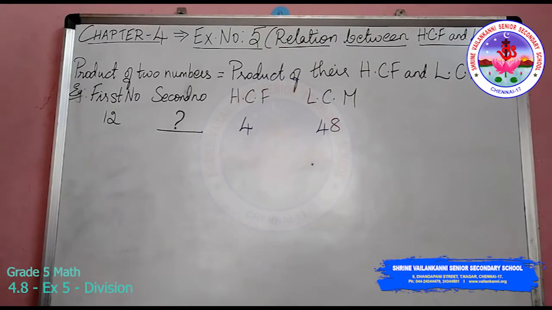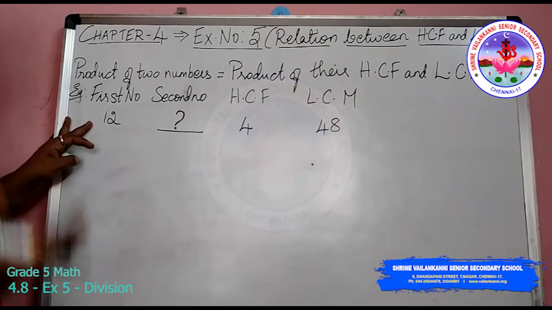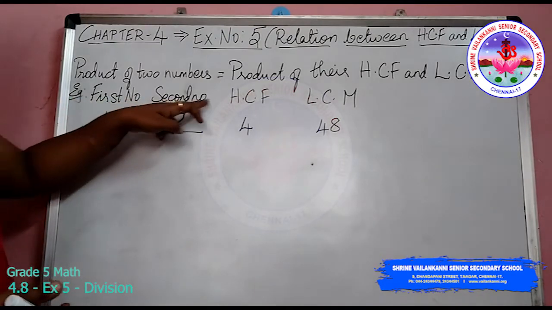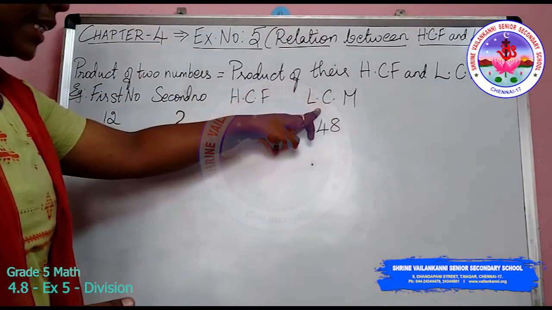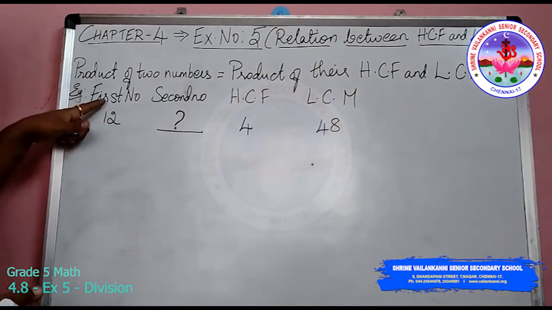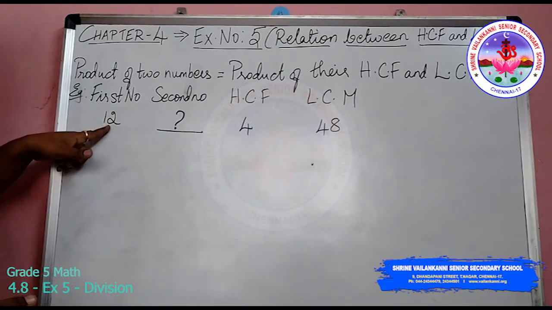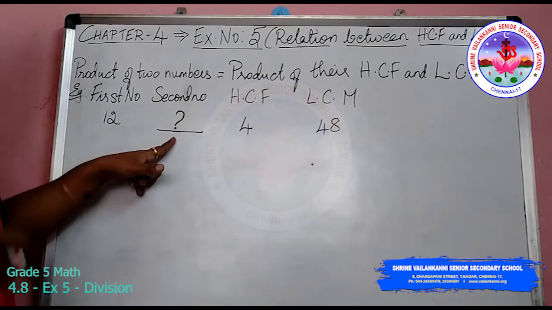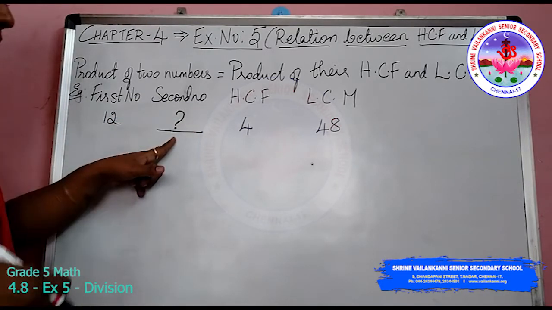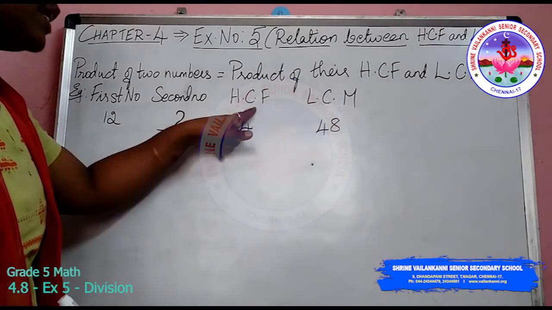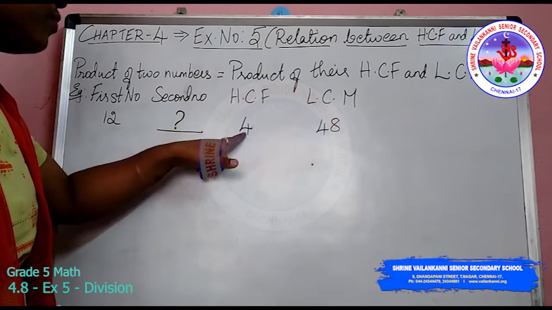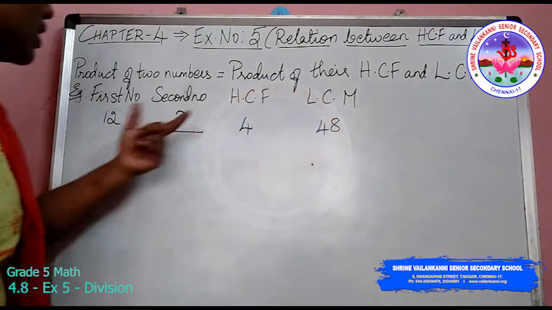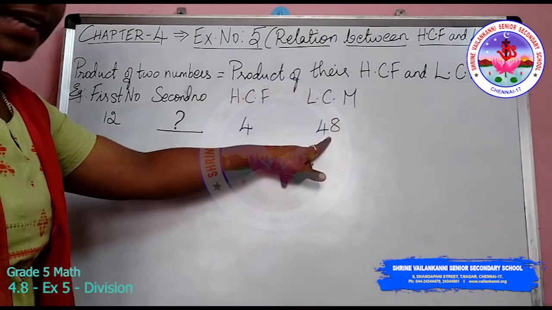Here I have written an example sum with another model: first number, second number, HCF, LCM. The first number is 12. The second number is blank, so we are going to find the second number's value. They have given the HCF of both numbers as 4 and the LCM of both numbers as 48.